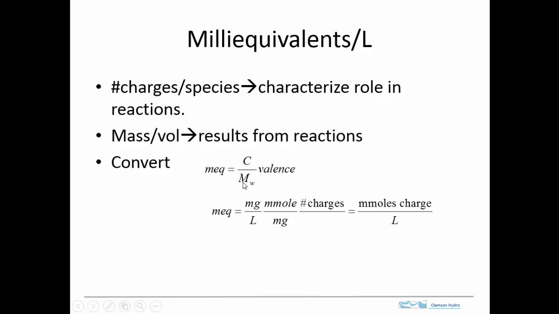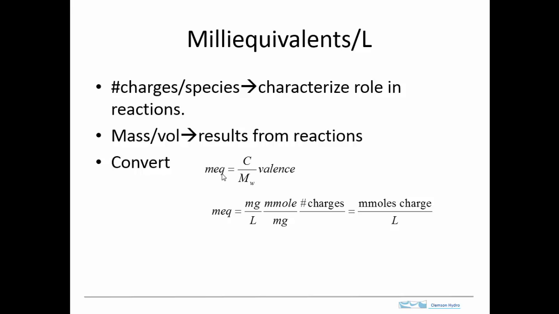You would divide by the molecular weight of the compound that you're interested in, or the compound that you have a concentration of, and then multiply by the valence. And that converts the concentration from the laboratory to milliequivalents.